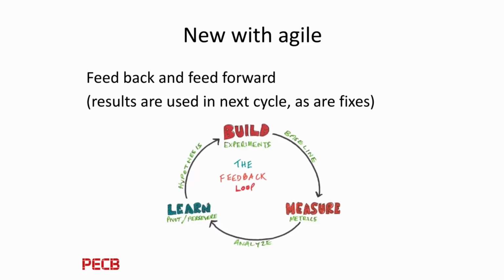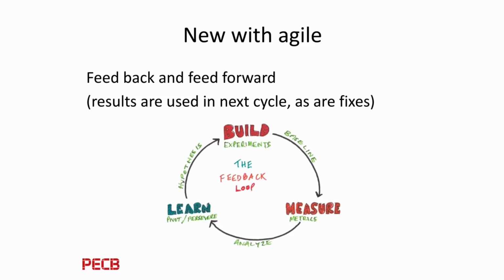And you get a lot of opportunity to learn from the things that you did in a previous cycle and feed back and feed forward that information and use it to continuously improve within the Agile process the quality of the features, the quality of your deliverables.